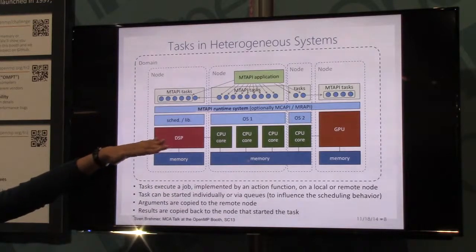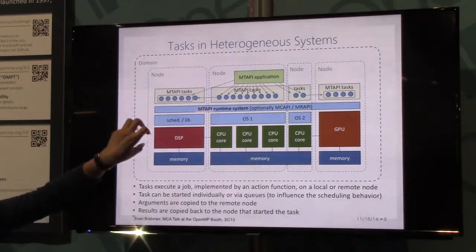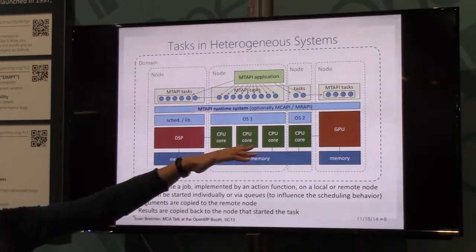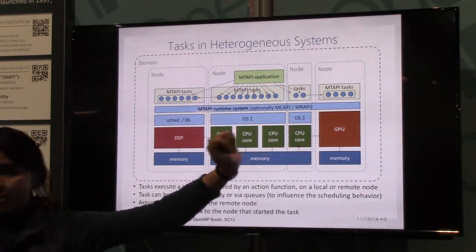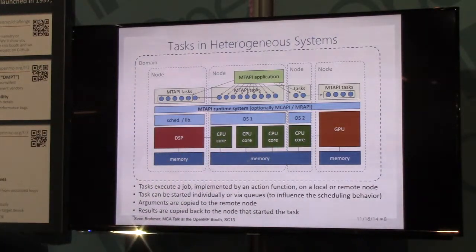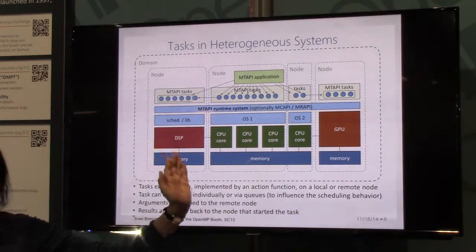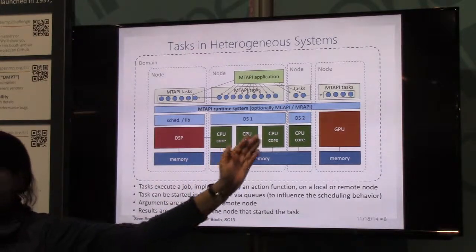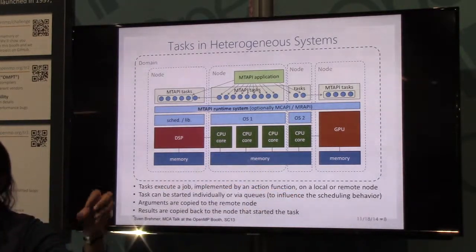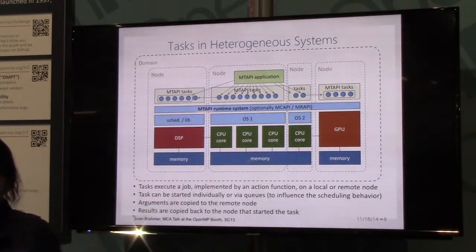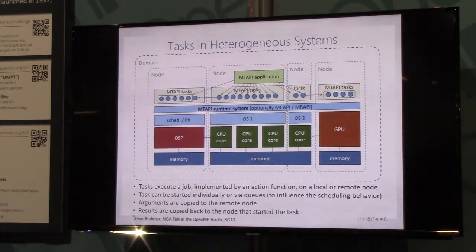As you can see, there's more than one type of device. You have a DSP, some 4 CPU cores, and a GPU, and each of these devices has its own memory. So the challenge is how the interaction is going to happen between the DSPs, CPUs and GPUs, how you are going to distribute your tasks among the different devices, and how you are going to interact between the memory levels of each of these devices.